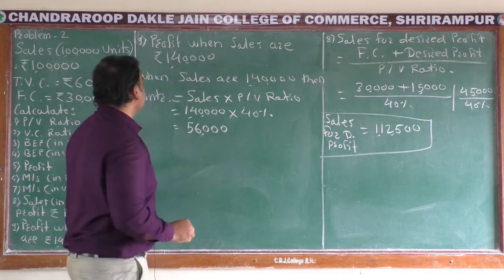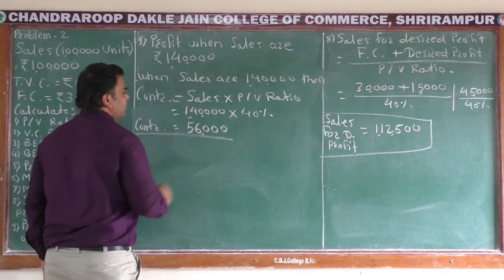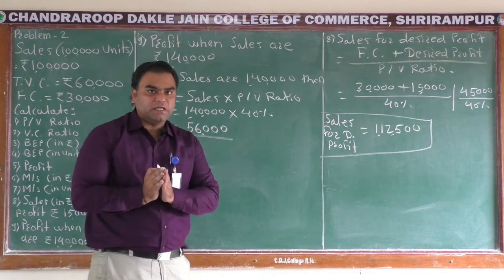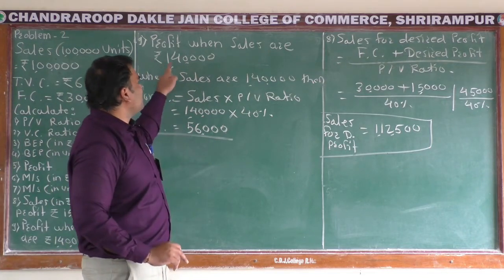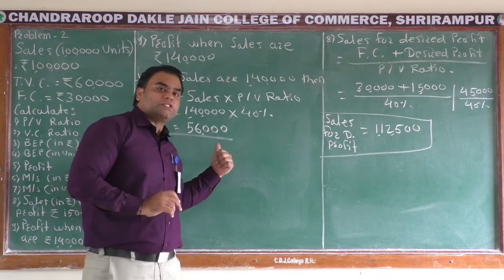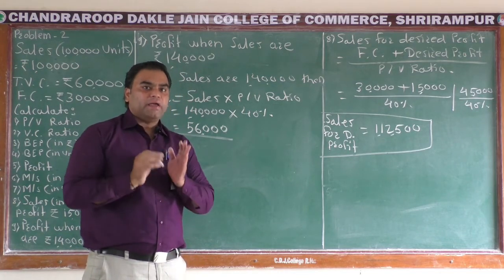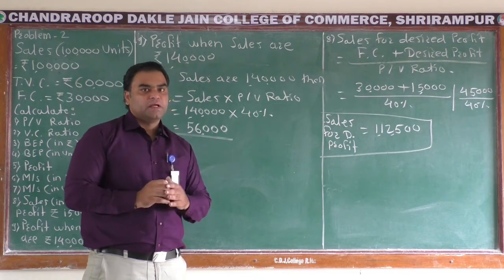So 56,000 is the amount of contribution. So we have calculated the amount of contribution when sales are rupees 1,40,000.